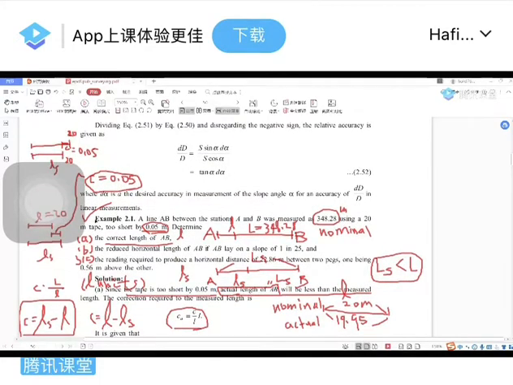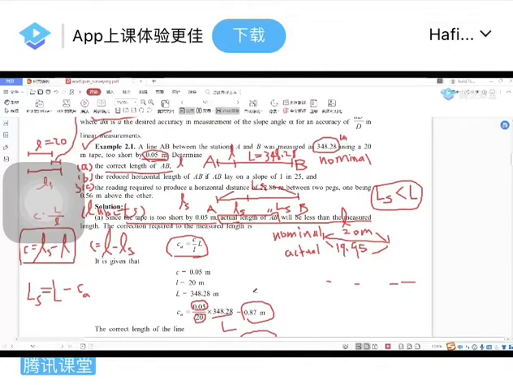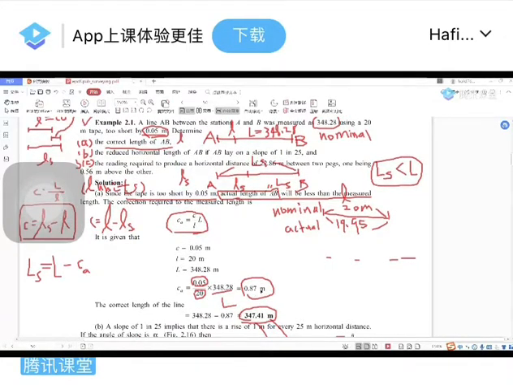In this case, this is your error, the one you get by measurement. So this is the total error in the length. You have the actual one, you get 0.87. This is the actual one.